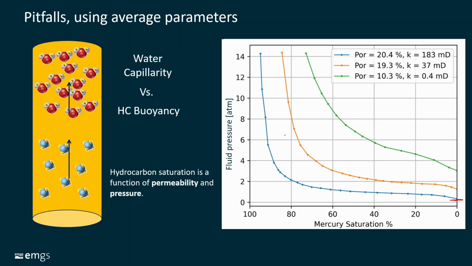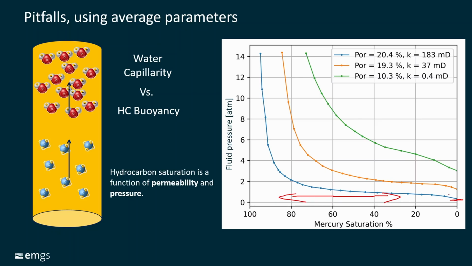That doesn't really happen. What you will always have is a distribution of saturations. Let's say that your average saturation is 60% in your prospect evaluation. That doesn't mean that all of the reservoir is expected to be 60%, but that the average saturation is 60%. So there will be parts of your reservoir that are higher than 60 and parts that are lower than 60.